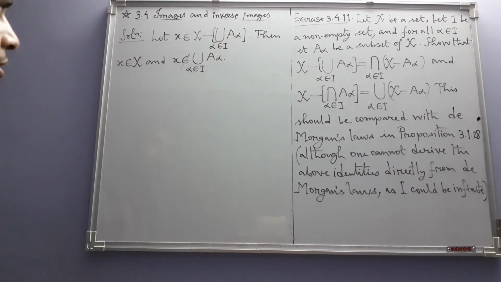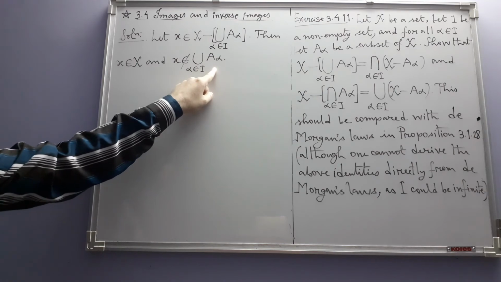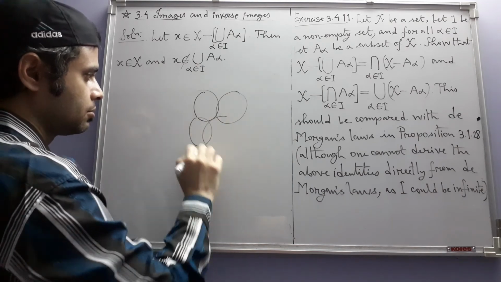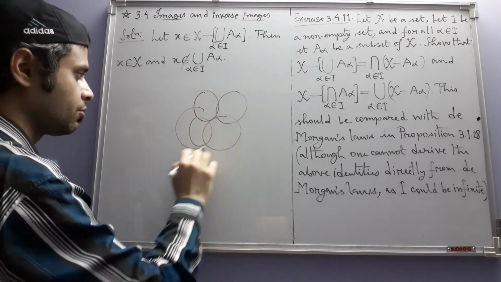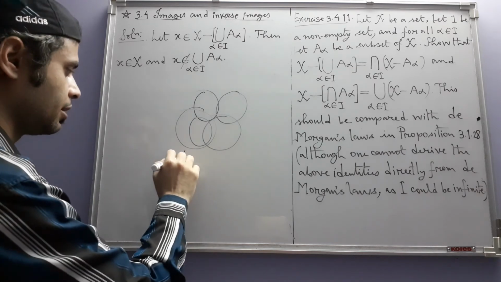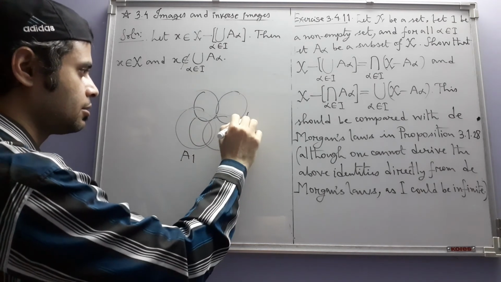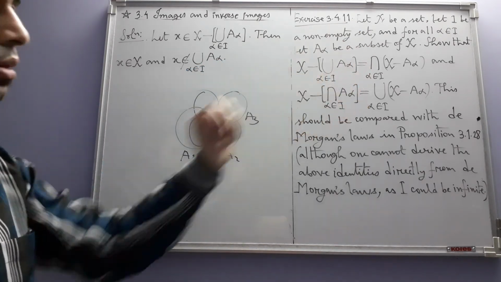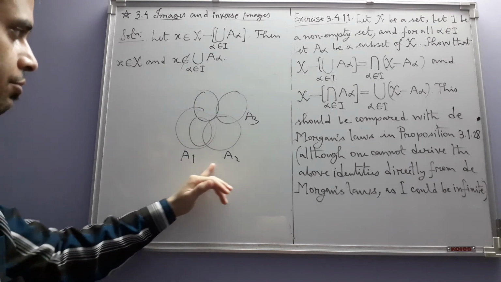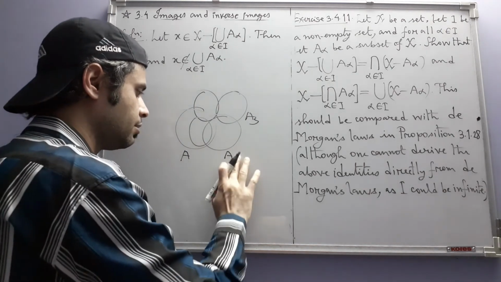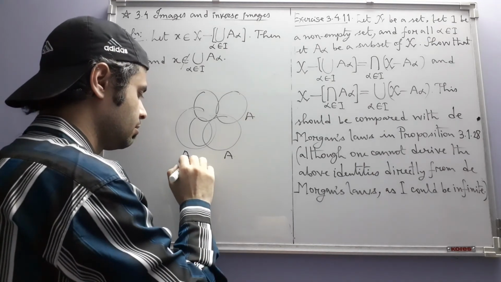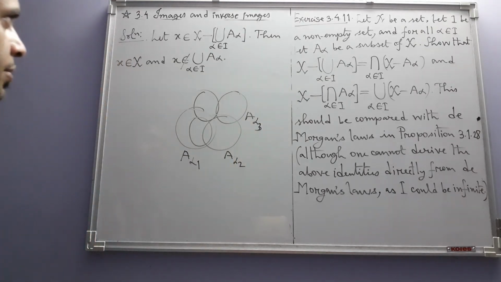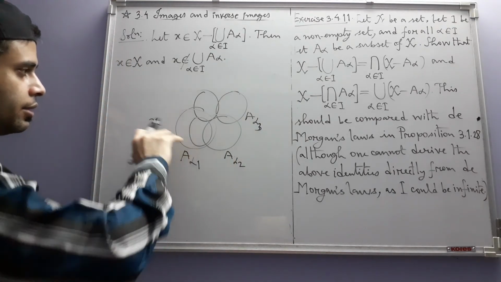Now we have to understand what this condition says. We have a number of sets. They may or may not have some very complicated intersections in between them, say A1, A2, A3, etc. Although I is not necessarily a set of natural numbers, just for the sake of showing you, we can have general indices here: alpha 1, alpha 2, alpha 3, these are coming from I. x does not belong to their union.